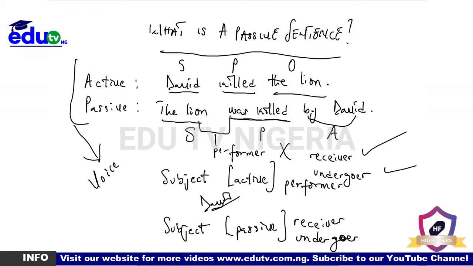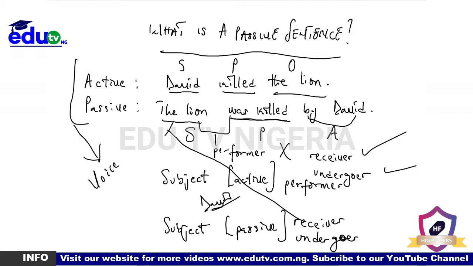However, there is an exception to that description of the subject and the object, because in the passive sentence, the subject of the passive sentence is not necessarily a performer of an action, but rather what? A receiver of an action or an undergoer of an action. So the subject of a passive sentence does not usually perform an action. Rather, on the other hand, it receives the action, or it undergoes the action denoted by the verb.